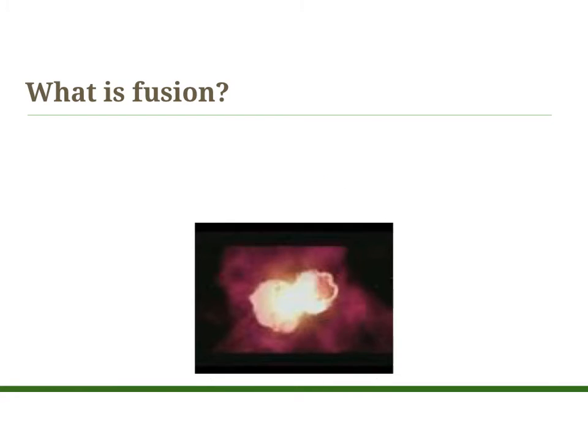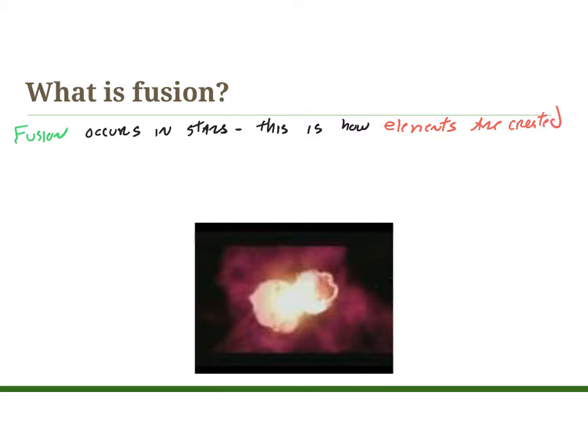Now, fusion occurs in stars. And as a result of that, this is how elements are created. We'll talk about that in a little bit more detail in a second.